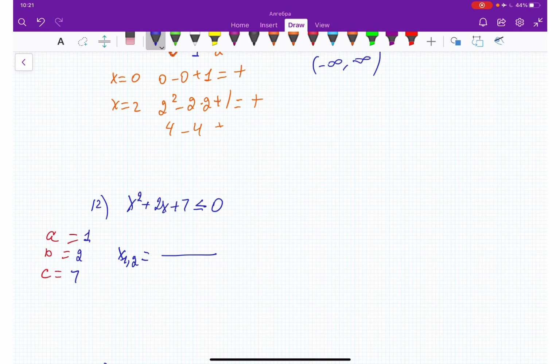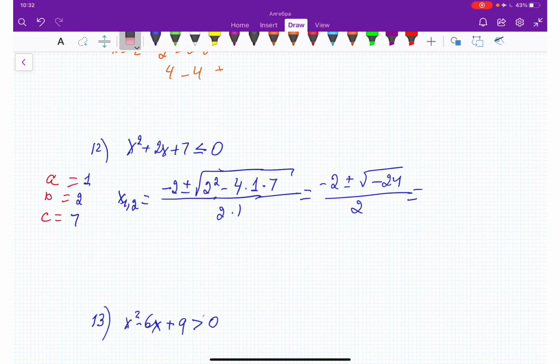So we have negative b, which is going to be negative 2, plus minus the square root of b squared, which is 2 squared, minus 4a, and c is 7, divided by 2a, 2 times 1. So we get what? No solution, because we have a negative sign under the square root. So we have no solution in this case. All right?